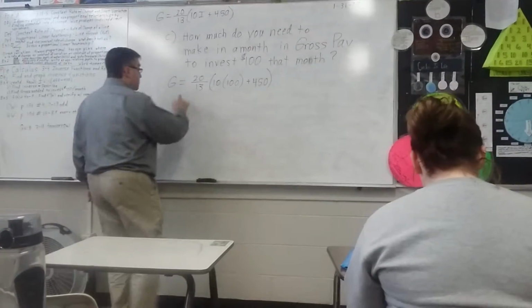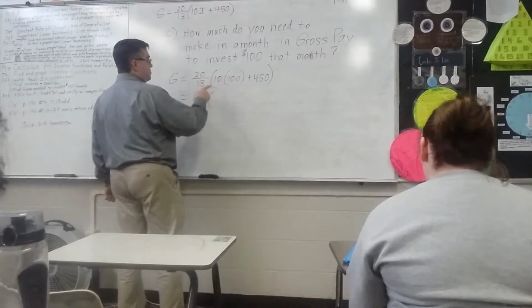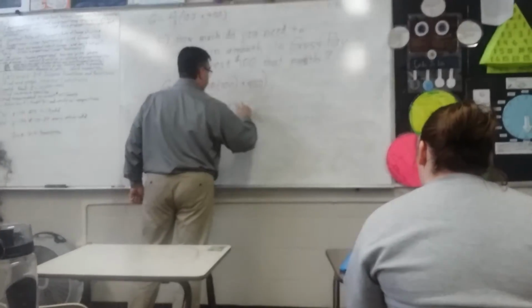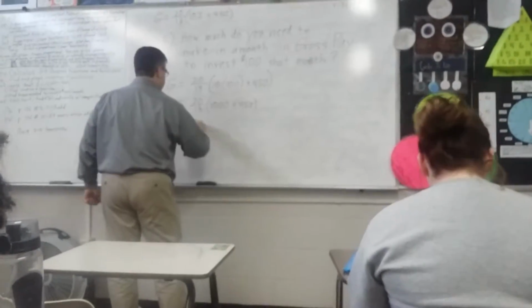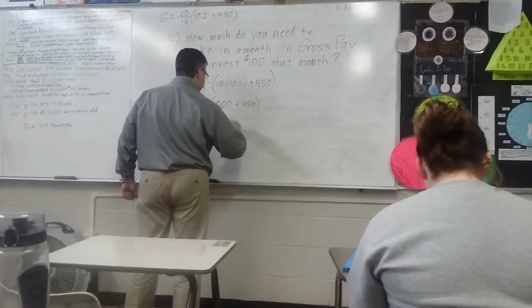And I just simplify this. That's 20 over 13 times 10 times 100 is 1,000 plus 450, which is 20 over 13 times 1,450.